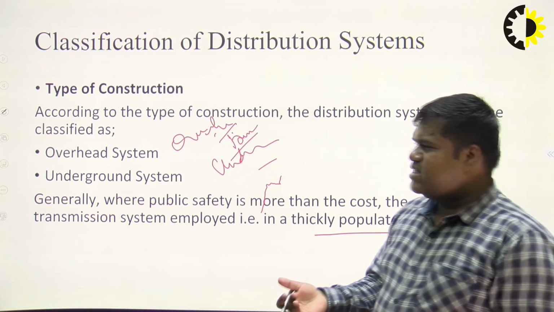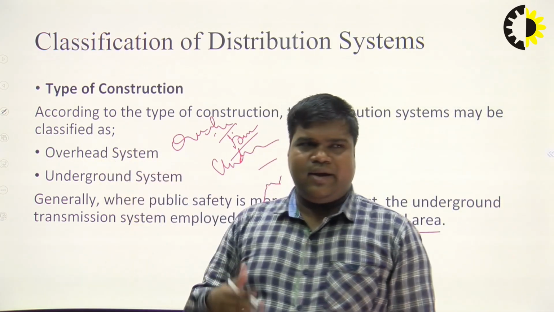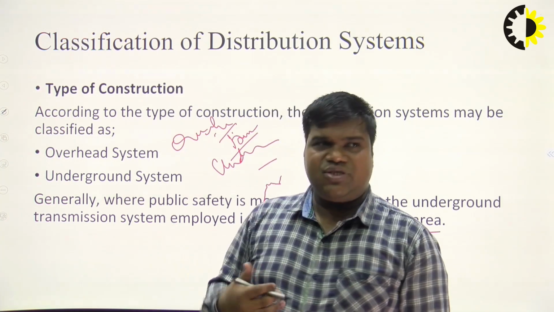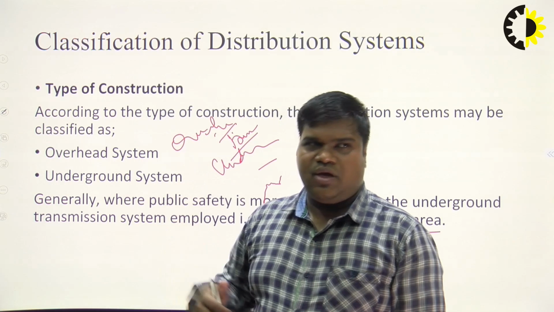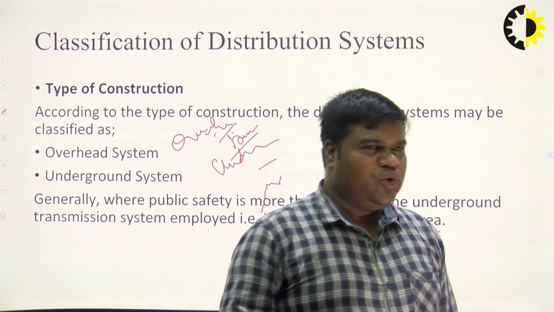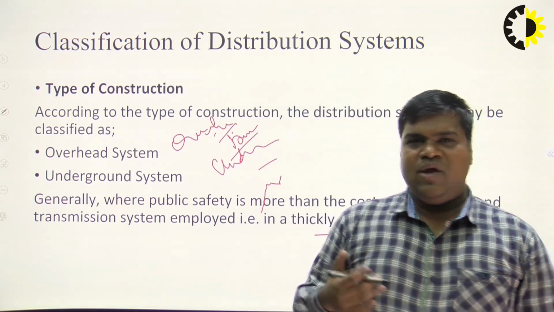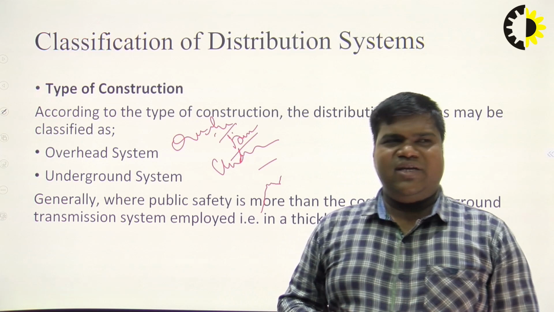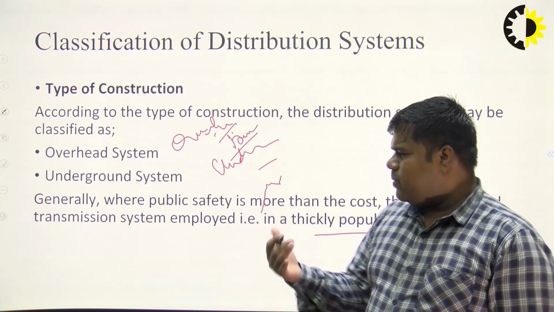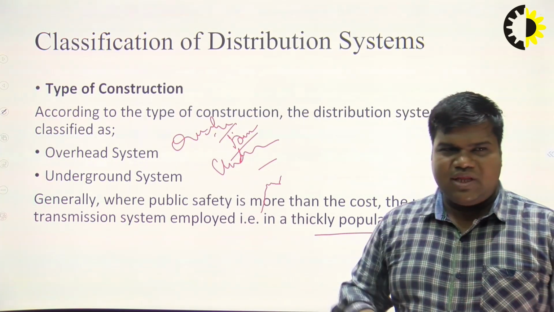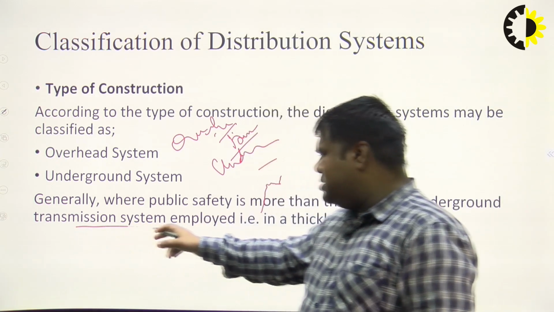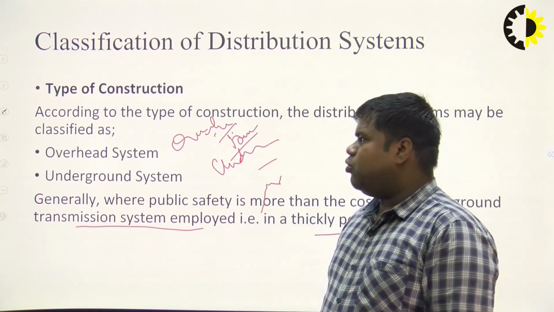We can easily see the overhead line system, which is similar to the distribution system. So based on the types of construction, the distribution system is further classified into two categories: the overhead system and the underground distribution system. The point is, where public safety is more important than cost, the underground system is adopted.